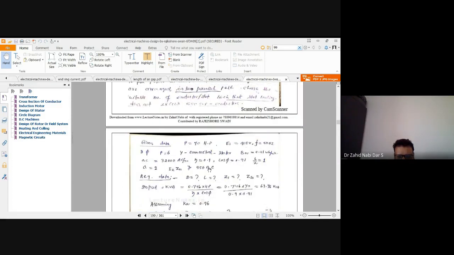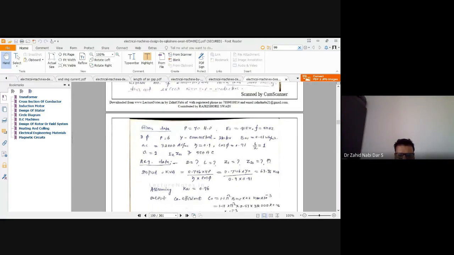I have given D and L value initially, the number of stator conductors and the loading factor. Obviously you have the input kVA is 0.746 into HP by efficiency and cos phi. So this is not the problem. You have the winding factor. Whenever it is not given, you assume 0.95 or 0.96.